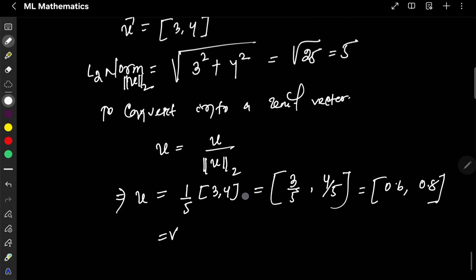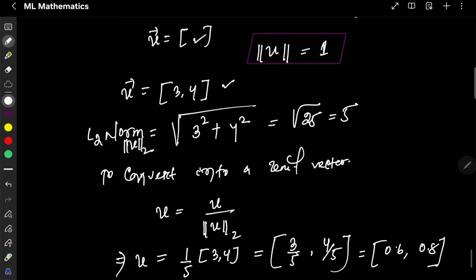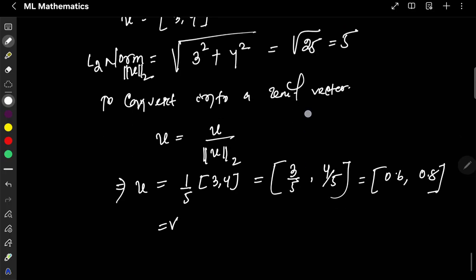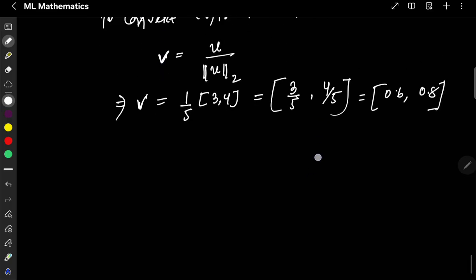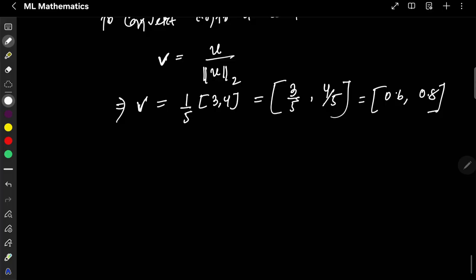We started with u, the value was 3 and 4. If you keep calling it u, it is not the same vector, so I can change the symbol here, let's say v, so you will not get confused about how it comes from u to v. Okay, don't worry. So v is equal to this, we did this particular thing. This is the formula.